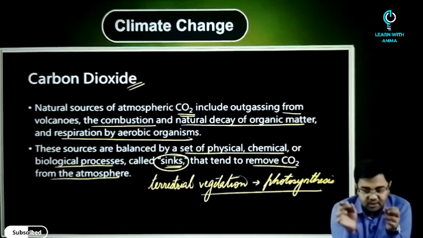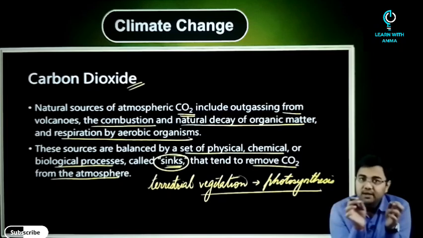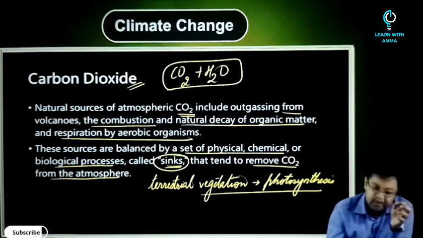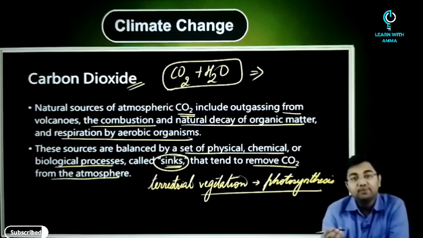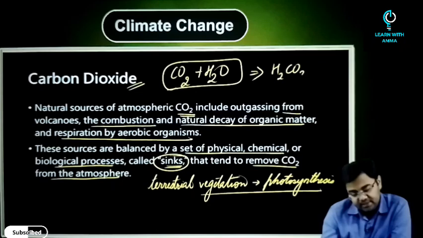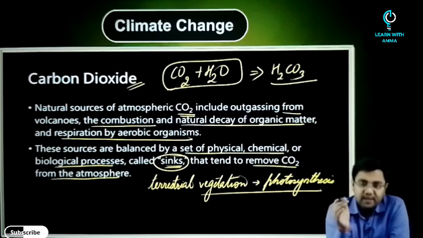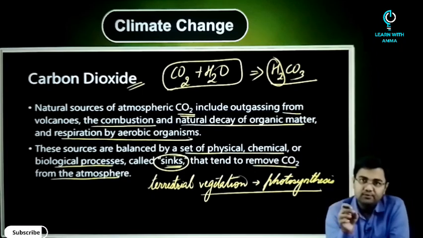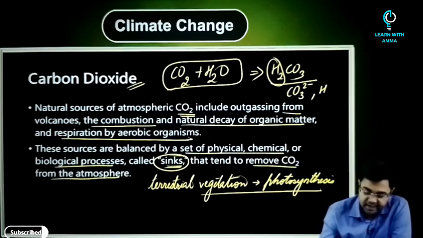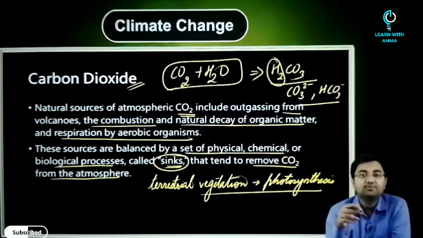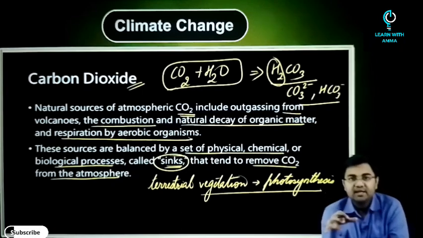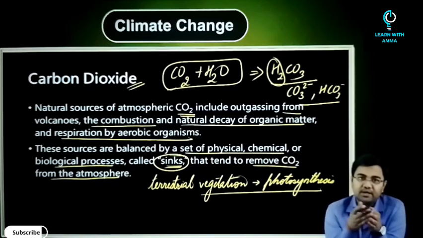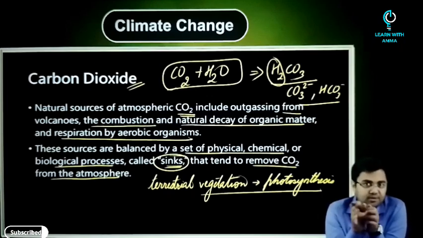A fraction of carbon dioxide combines with water, and in that case it leads to the formation of carbonic acid, and subsequently hydrogen is lost and you get the formation of carbonates and bicarbonates. These basically get buried inside the earth and would be released as carbon dioxide through volcanic outgassing. So this is one way.